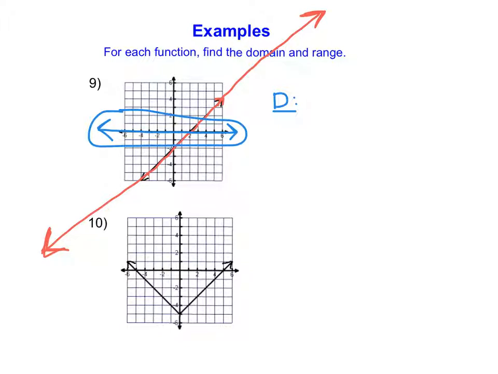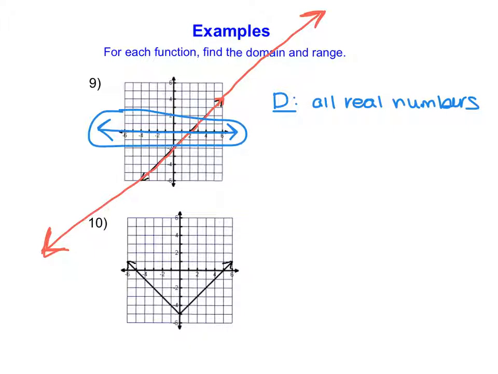So what you can write instead is that your domain is all real numbers. You are using every possible value for x that you might possibly need. From negative infinity up to infinity, you're going to use every one to make points on that graph because it continues forever in both directions.